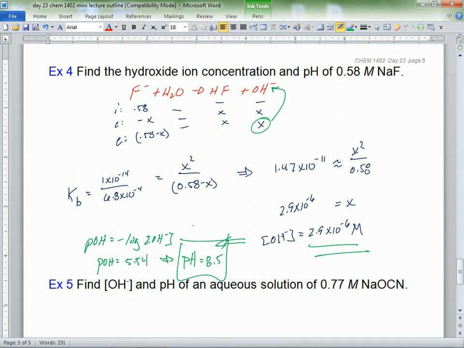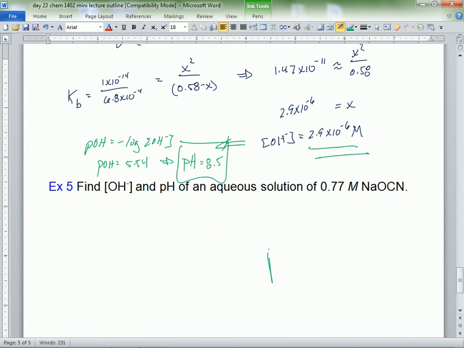Yeah, 2.9 times 10 negative 11. So that has to equal x squared over 0.77. Right? Or no, 8.67?